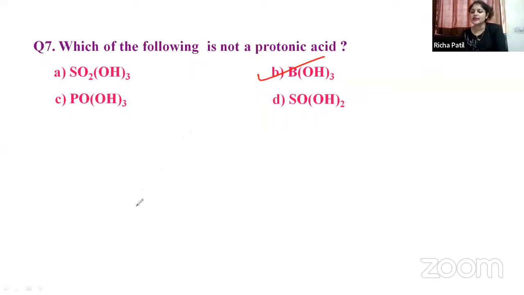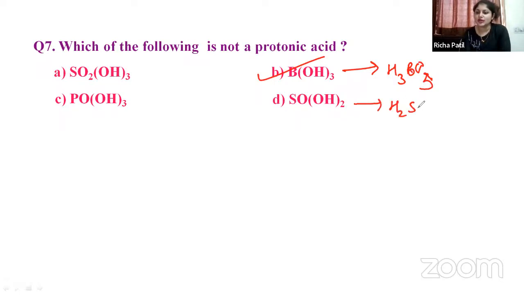Boric acid is H3BO3. The others are H2SO3, then H3PO4, orthophosphoric acid, while this is orthoboric acid, and H2SO4.